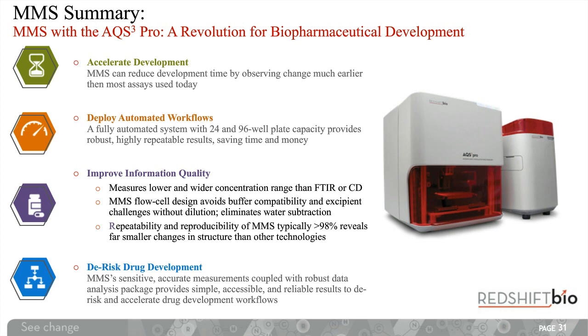In addition to this, as I've covered, the MMS will also make these measurements across a much wider dynamic concentration range than either of the two traditional technologies in this space, which are circular dichroism spectroscopy and Fourier transform infrared spectroscopy.